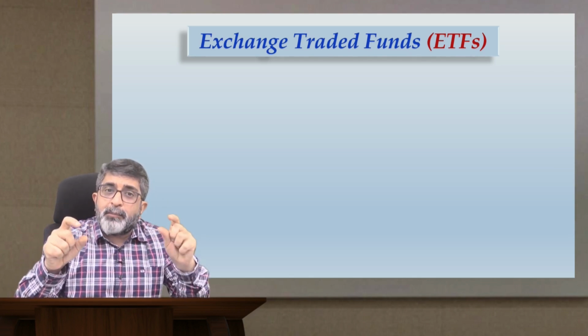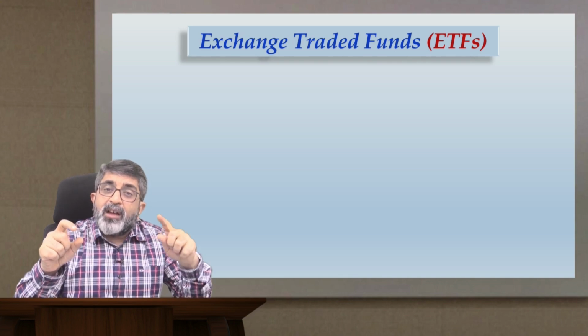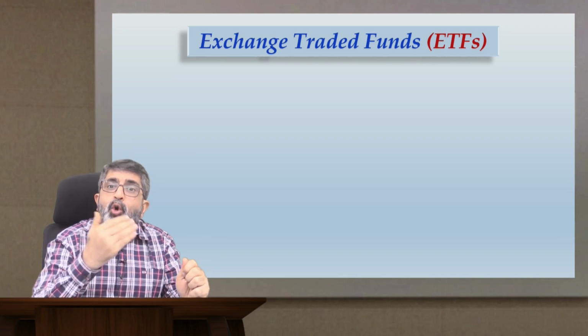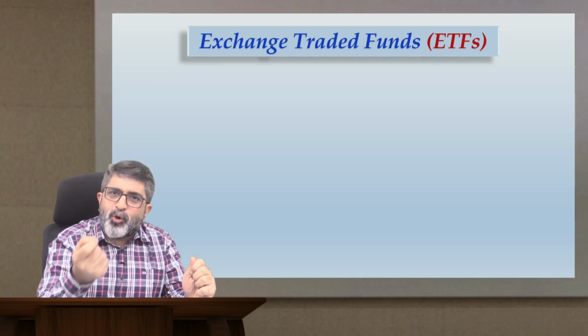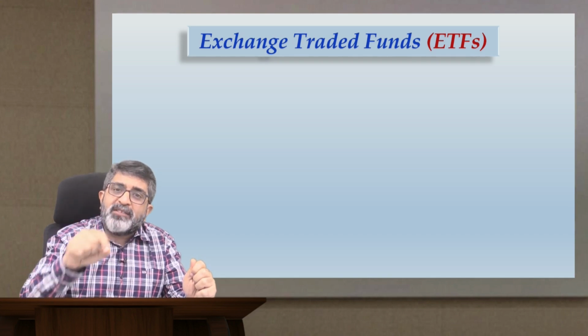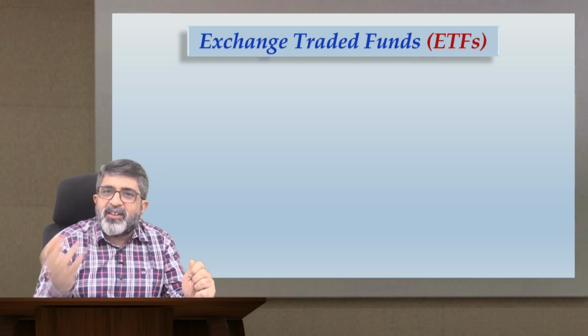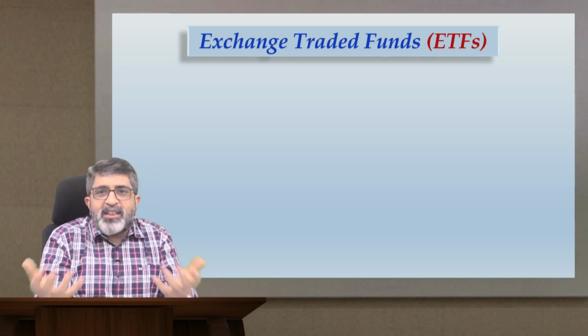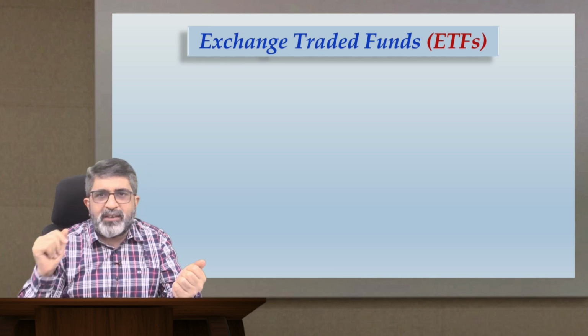So if the market price of ETF shares is greater than the NAV, we may term it overpriced. Whatever is overpriced, someone would want to sell it, right? And when the market price of ETF is lower than its NAV, we would call it underpriced, and anything which is underpriced, someone would want to buy it.